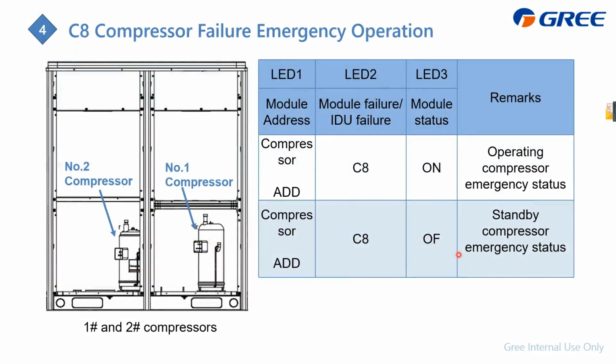And how to distinguish which is compressor 1, which is compressor 2? When we face the outdoor unit, from the front side of the outdoor unit, which is the side where we have the mainboard, and we stand facing the outdoor unit, from your right hand to your left hand is number 1 compressor and number 2 compressor.